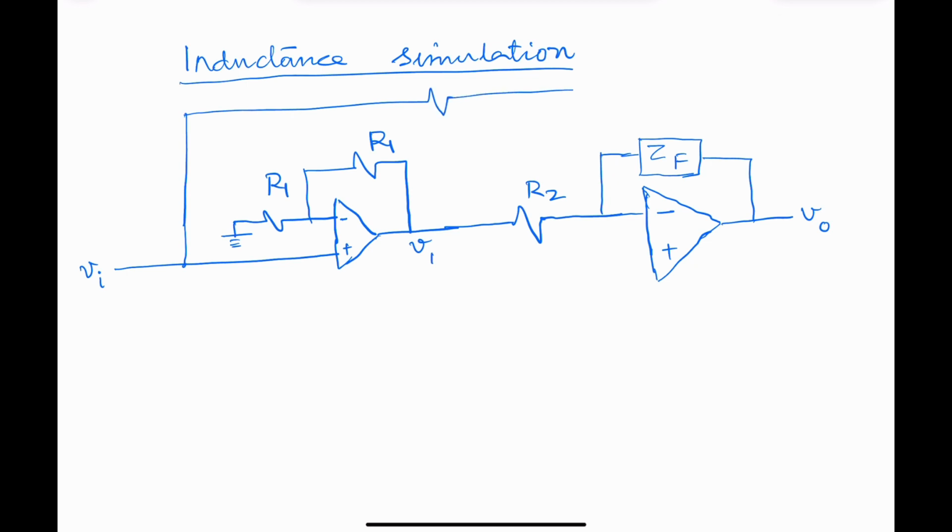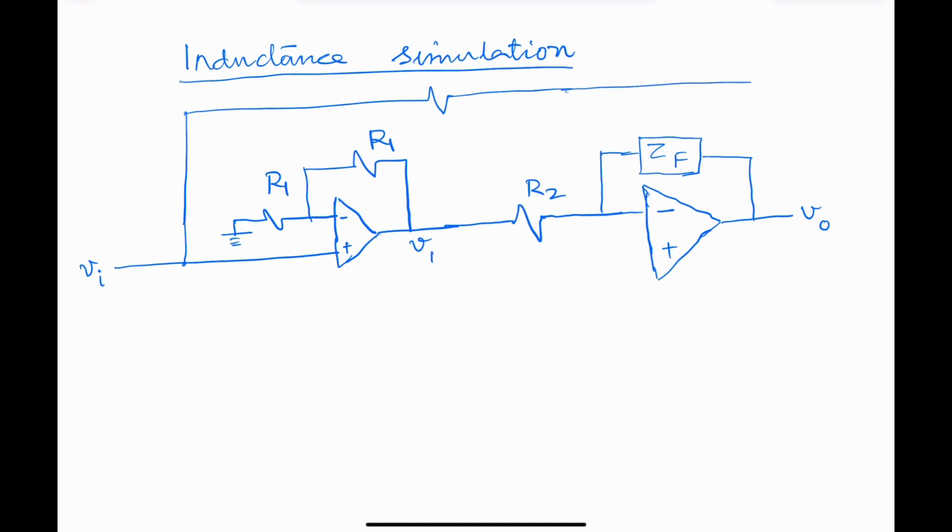I take this potential to be V2, and the same input goes to the non-inverting input of the second operational amplifier.